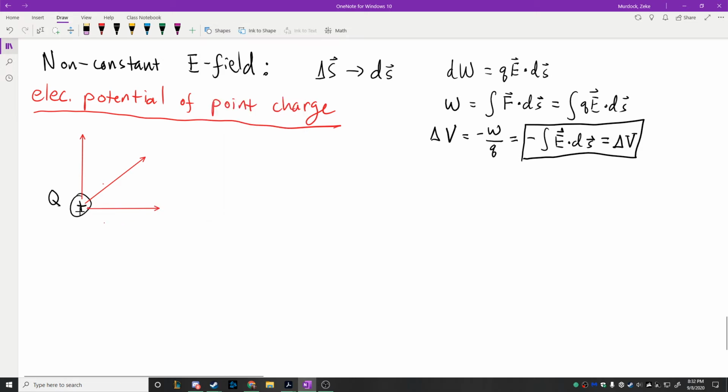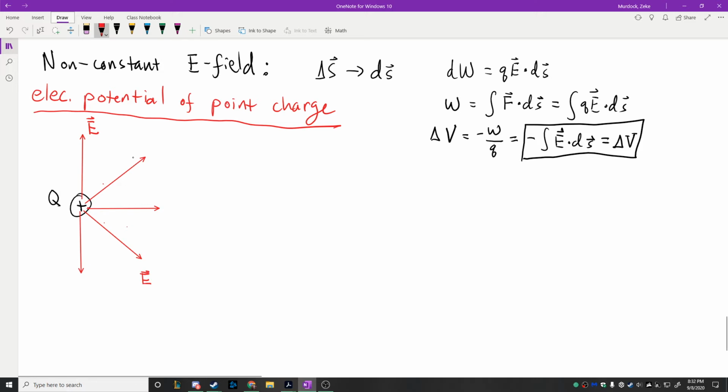Might have another electric field line coming straight down here. Just all around, you've got these electric field lines coming out of our point charge, right? And they're duplicated on the left-hand side too, but I'm not going to draw those. So these are our electric field lines. That's electric fields.